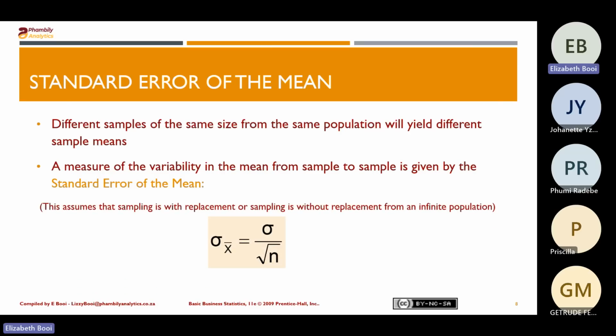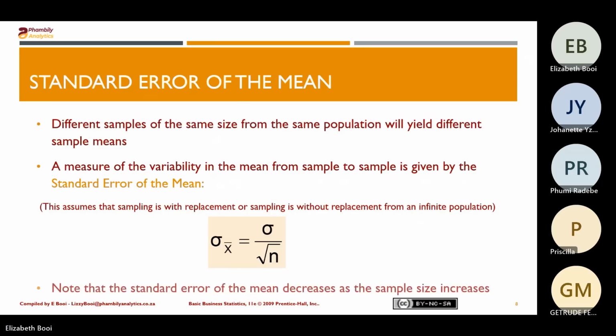To calculate it, we use this formula, sigma x bar, which is the standard deviation of the sampled means, because we are sampling the means. It's given by the population standard deviation divided by the square root of n. That will give you your standard error, or the standard deviation of the sampled mean. I know it's a long way to say.